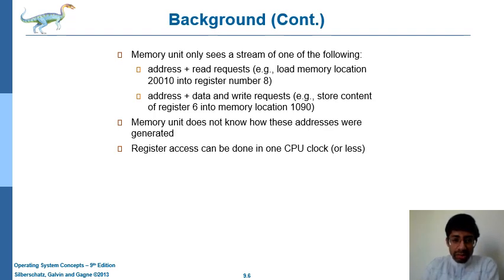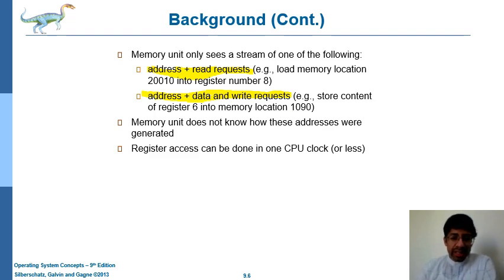So there are two basic types of access. One is address followed by a read request. And the other one would be the data as well as a write request along with some specific location of the memory.